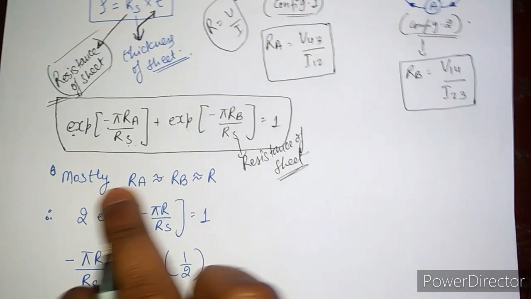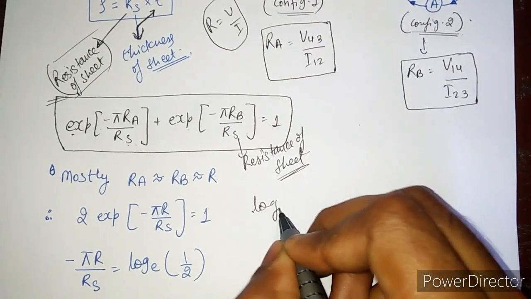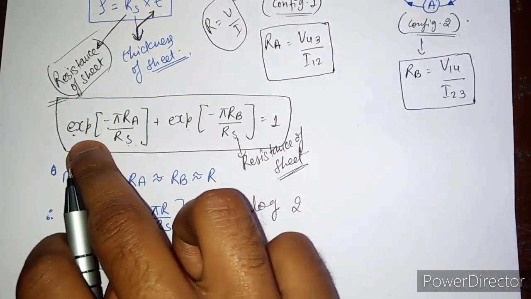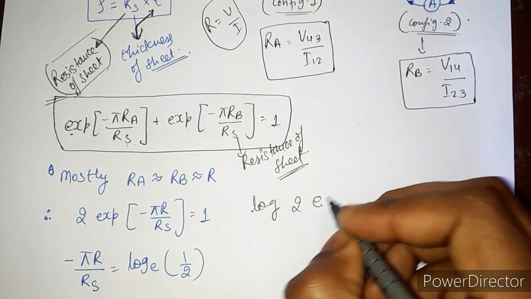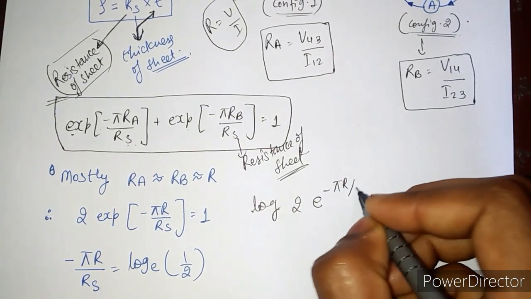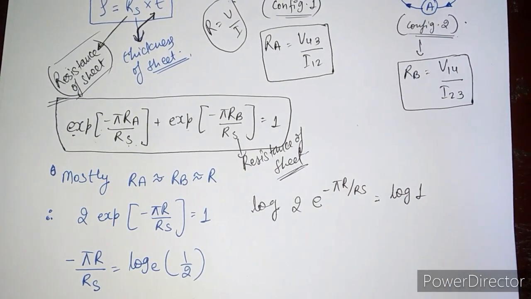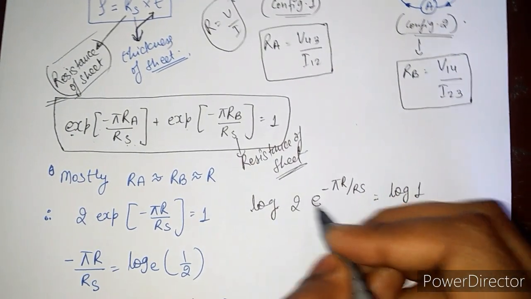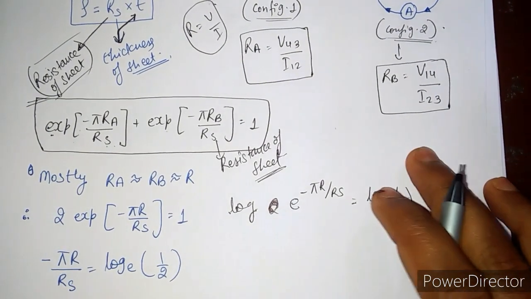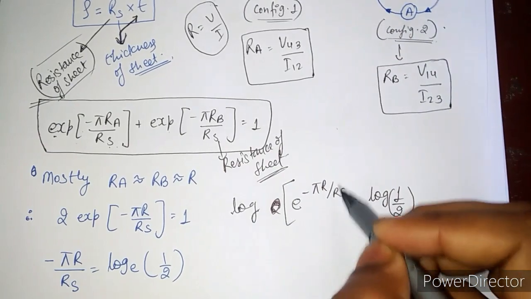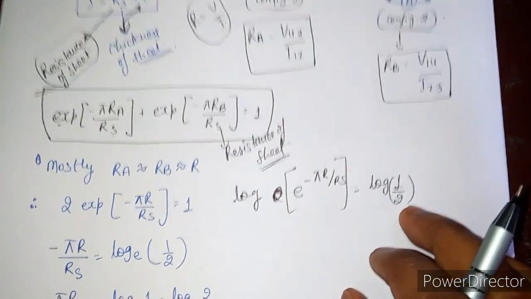Now we take log on both sides. We can also send this 2 to the other side and it becomes log e to the power minus pi R upon Rs is equal to log 1 upon 2.